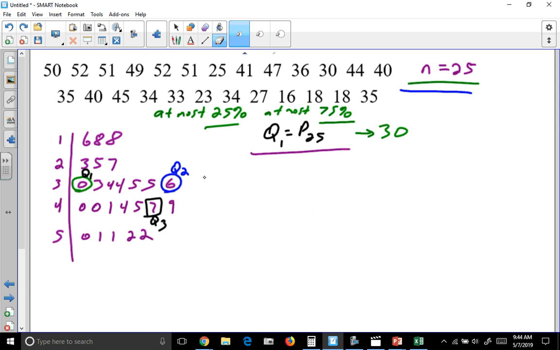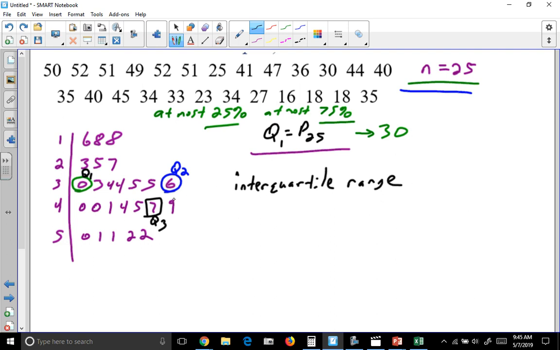After we look at our quartile, then we have something known as an interquartile range. We've already talked about what a range is. The interquartile range is the difference between the third quartile and the first quartile.